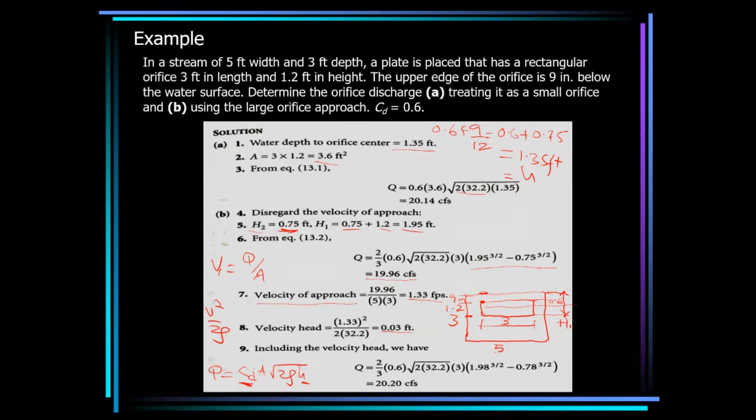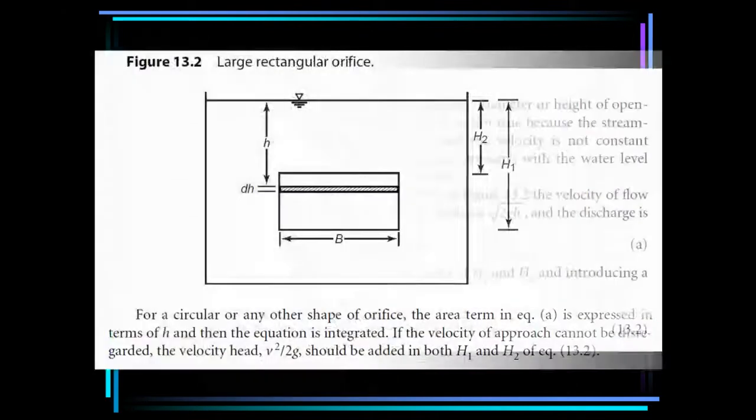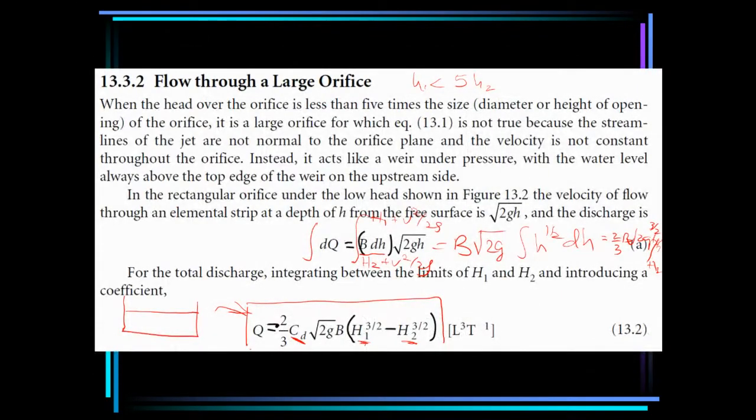So H1 will turn into H1 plus V squared over 2g. We add the velocity head. Same thing with H2, it will be H2 plus the velocity head.